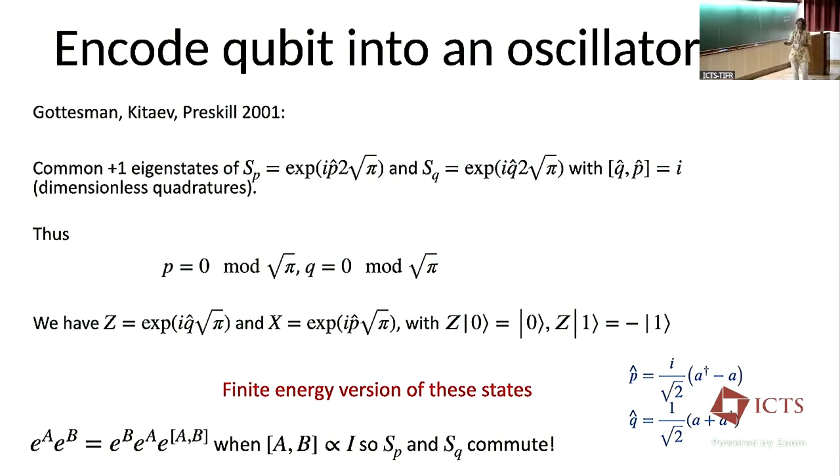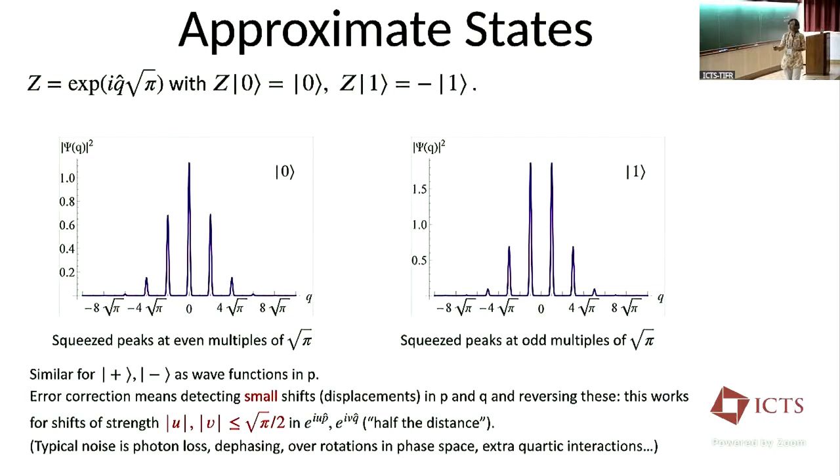So in practice, these code words are more like this, in the sense that here on the left, I have 0, and on the right, I have 1. And what I have here is basically the wave function. Here on the horizontal axis is Q, and here I have the wave function squared.